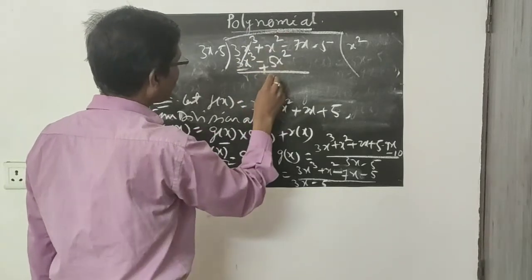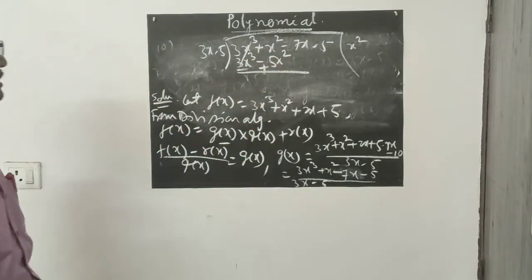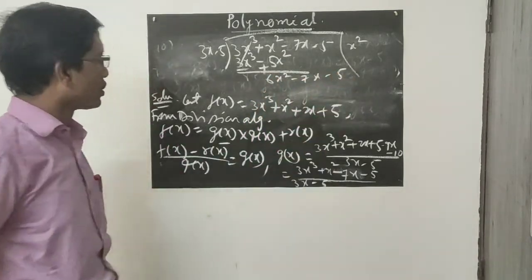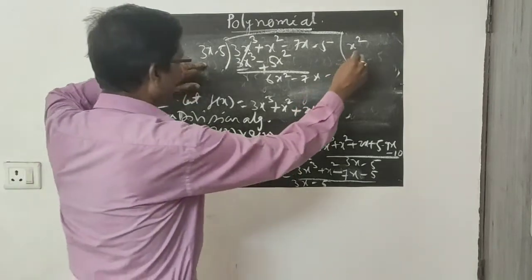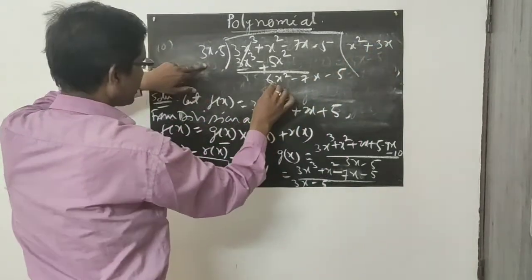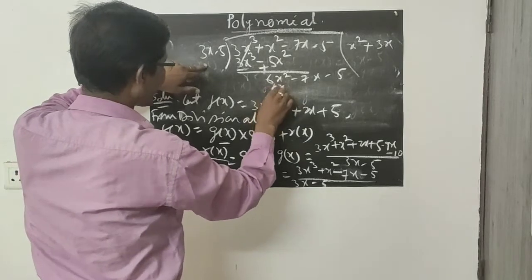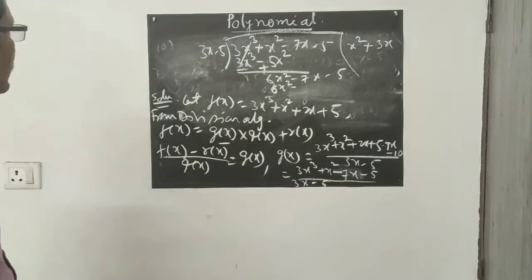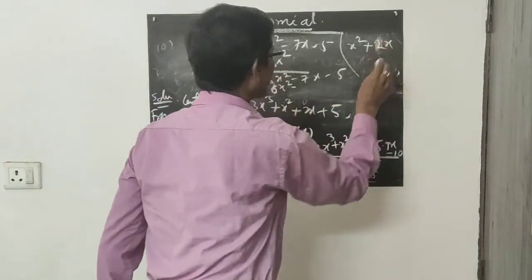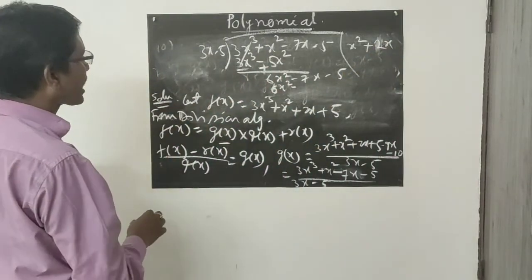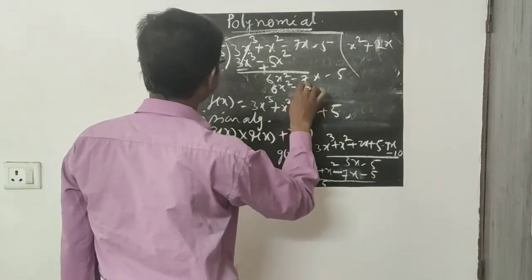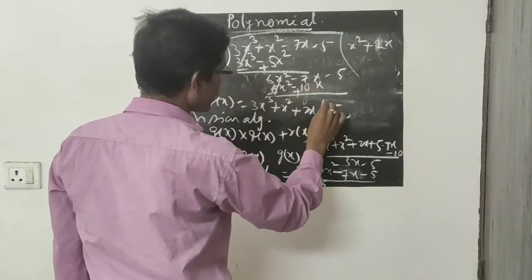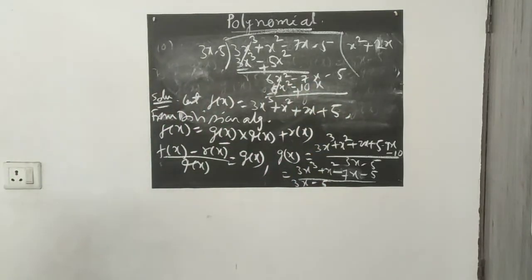Then subtracting, 5 and 1 make 6x square, minus 7x minus 5. For 6x square, it will be plus 2x: 2 threes are 6x square, minus 2 fives are 10x. Then ultimately it will come plus 3x minus 5.